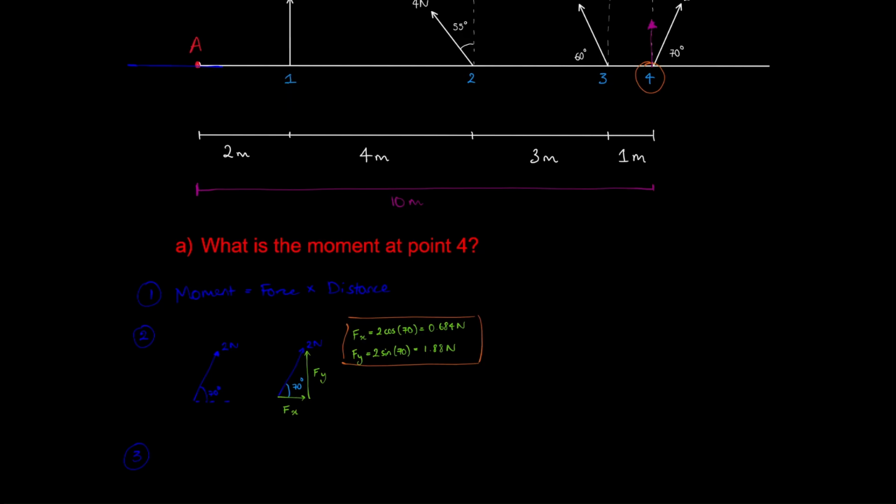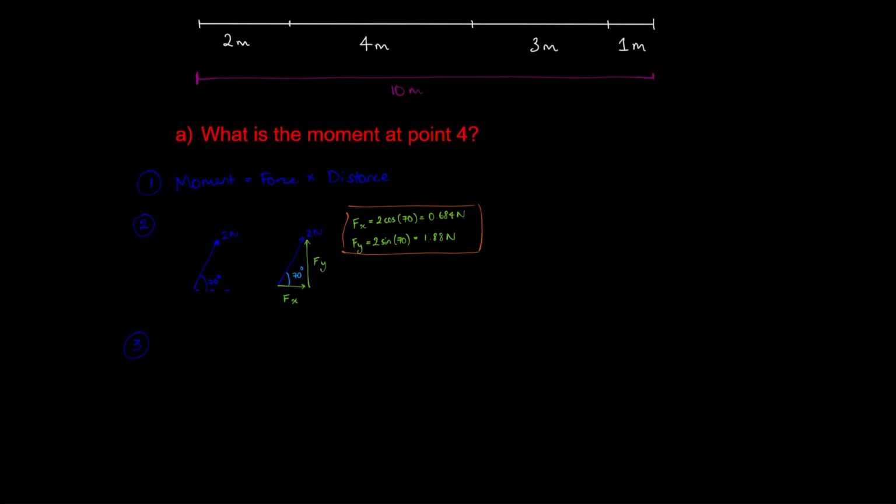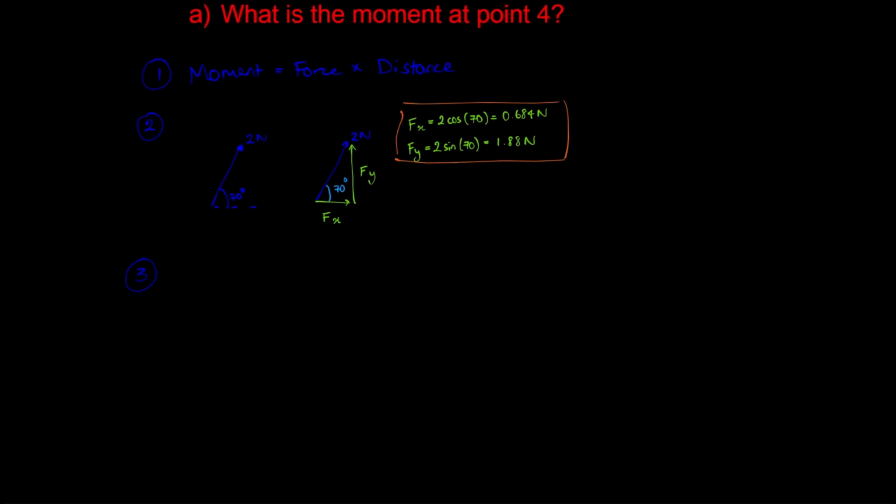The x component of the force at point 4 is not included because its line of action passes through the pivot. The x force will be going in this direction, and as it passes through the line of action of our beam, it's not considered as part of the moment for this particular equation.